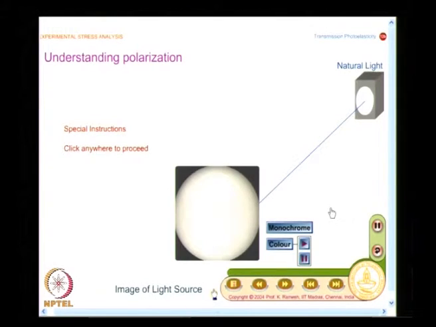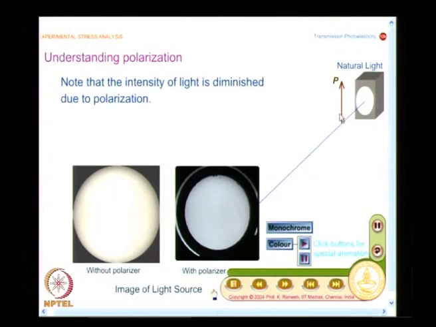Before we go into that, let us have a look at what we have learned in understanding polarization. Here you have natural light, then I put a polarizer, which allows only one component of light, and I want to investigate the status of polarization.